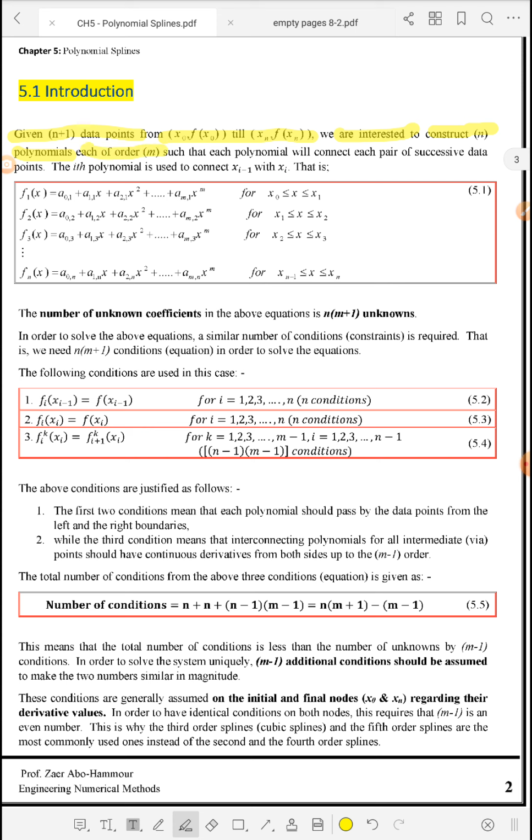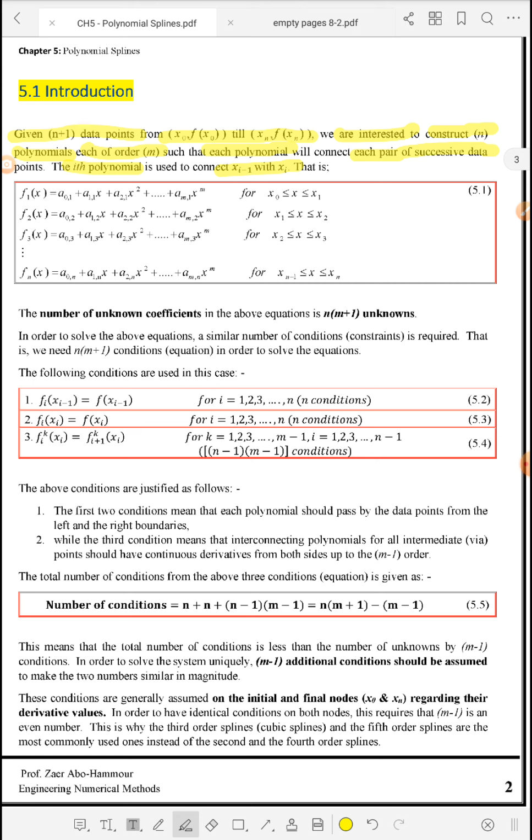Each polynomial will connect only two successive data points. For example, the ith polynomial will connect xi minus 1 with xi.